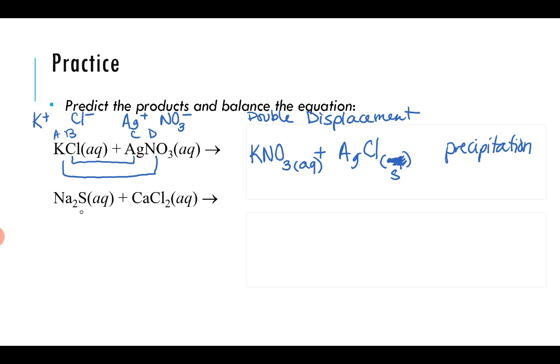Next up, we have our sodium sulfide. Let's write out our ions. Calcium is in group 2, so it's 2+. Halogens are -1 when they form ionic compounds. So calcium bonds with chlorine, sodium bonds with chlorine.